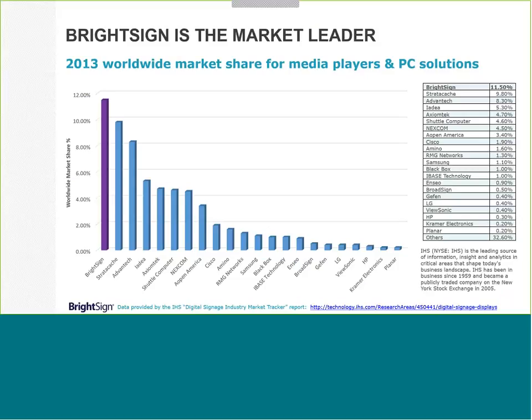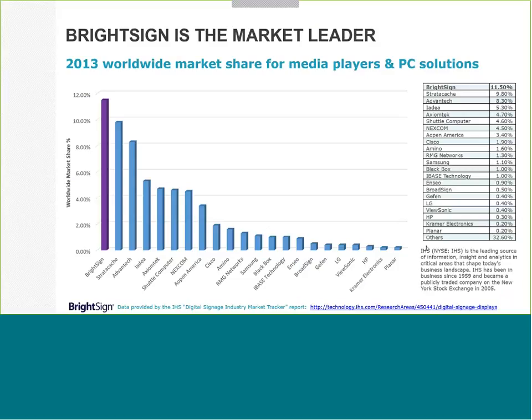This is a really busy sheet, but the one thing I like to show is not only that BrightSign leads the way in total units sold, but one of the really interesting points on this is how flooded this industry is with digital signage media players. This is everything. This is media players, this is PCs, Android devices.